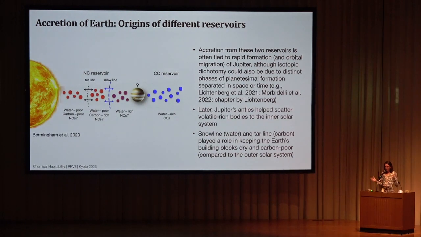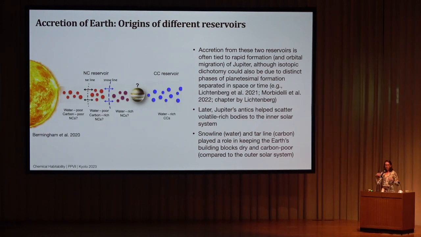So if we think Earth accreted these Schnapps elements from different reservoirs, why are there different reservoirs and how did they get into the Earth? Dynamically, it's often tied to the formation of Jupiter, kind of as a barrier between carbonaceous and non-carbonaceous type materials. And maybe during its formation, it could have scattered more carbonaceous type materials inward to account for what we, again, observe in the Earth.